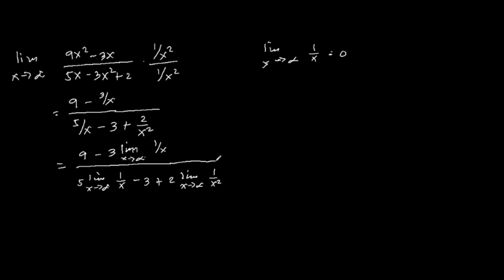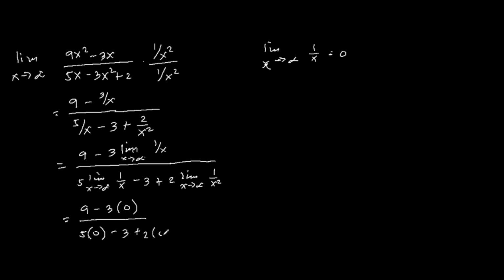And then, if the limit as x approaches infinity of the function 1 over x always equals 0, therefore 9 minus 3 times the limit of 1 over x, which is always 0, all over 5 times the limit of 1 over x, which is also 0, minus 3 plus twice the limit as x approaches infinity of 1 over x squared, whether x cubed, x to the fourth, the value is always 0.